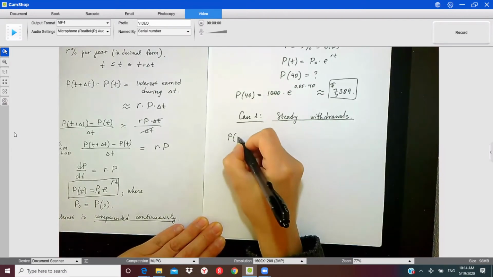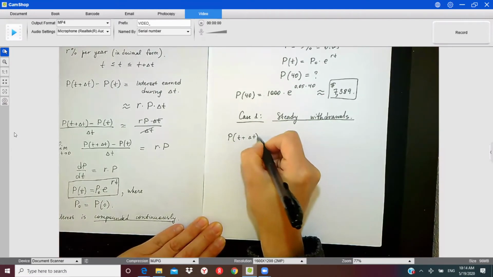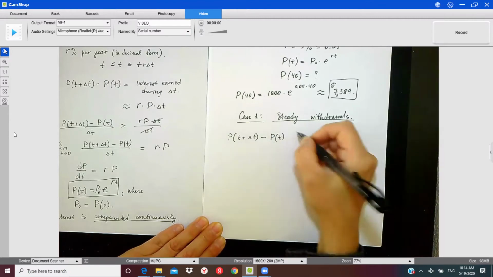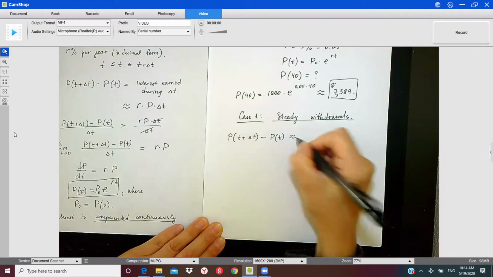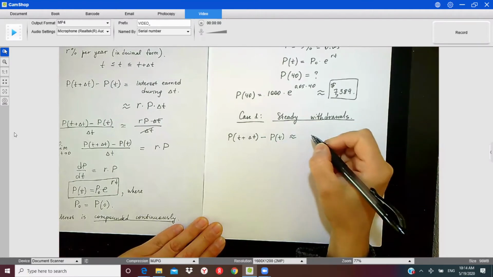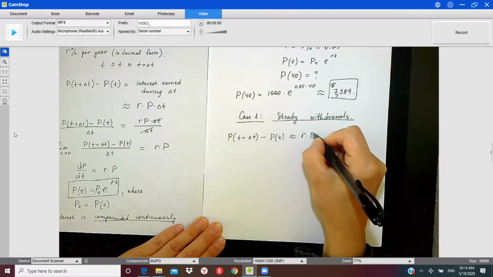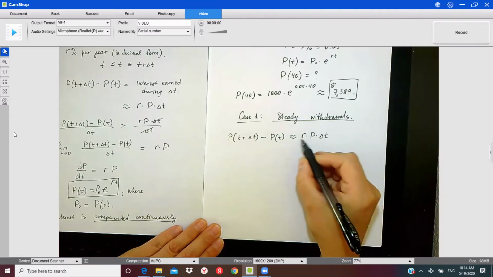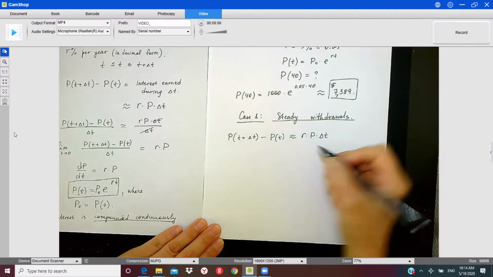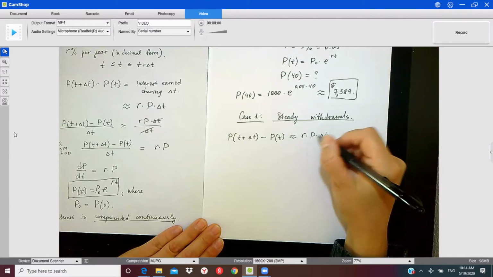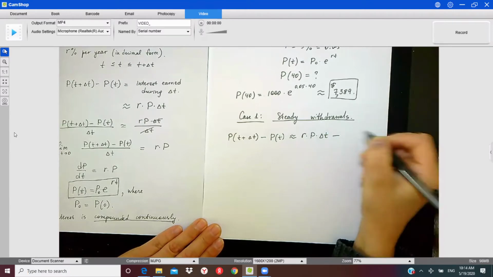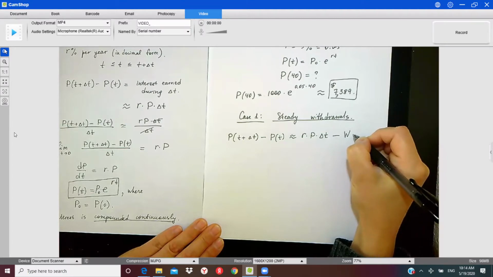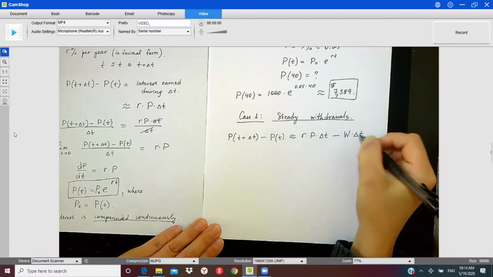So it's going to be interest earned during the time interval, delta t, approximately equals. So we still have r times p times delta t. So we still have interest earned in this account, but in addition to that, we have constant withdrawal rate times the time interval.